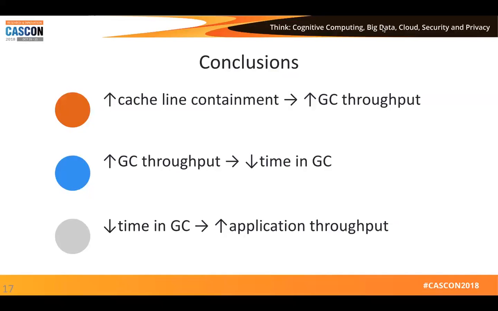So that accumulates over hundreds of thousands of copy operations, and you get better GC throughput certainly from that. So increased GC throughput reduces the time spent in GC, and I think that the reduced time spent in GC is what's contributing mainly to the boost that we're seeing in application throughput.